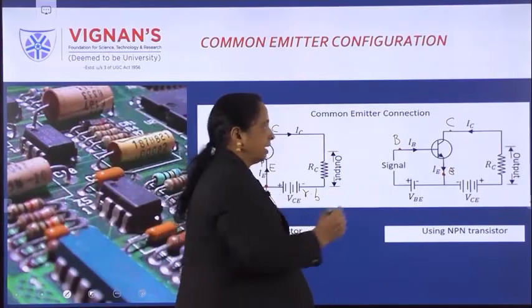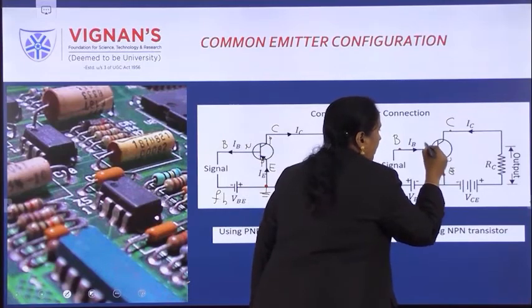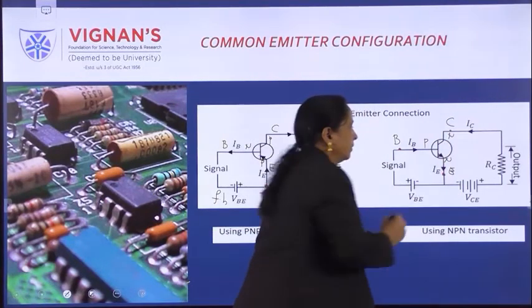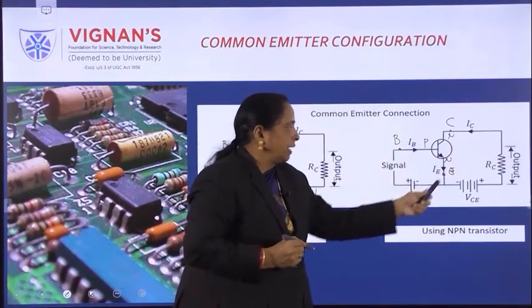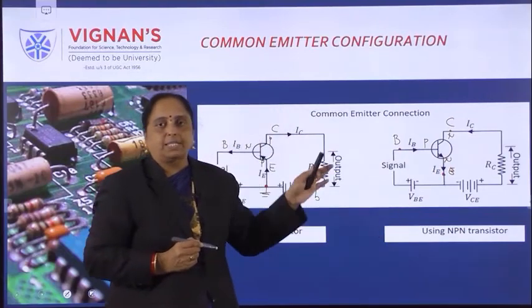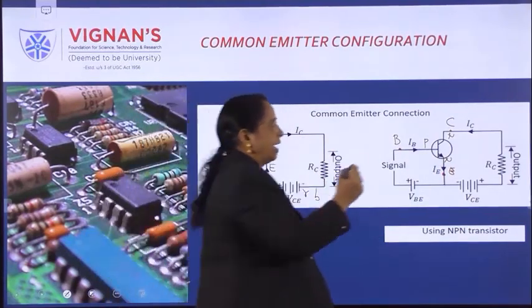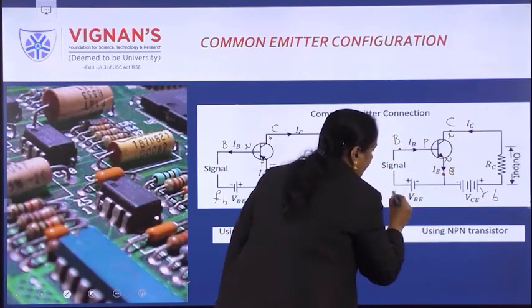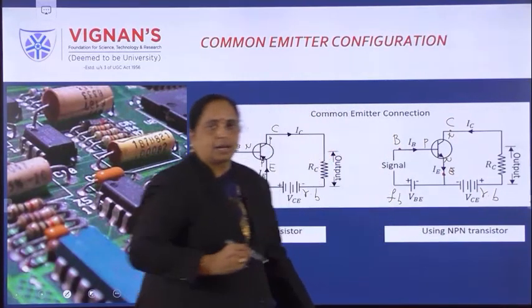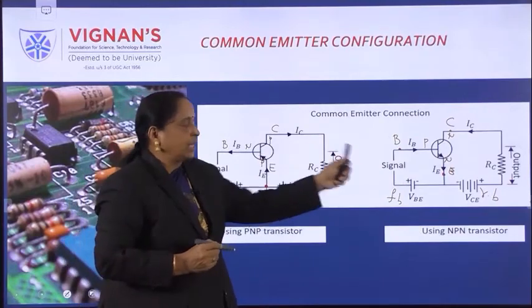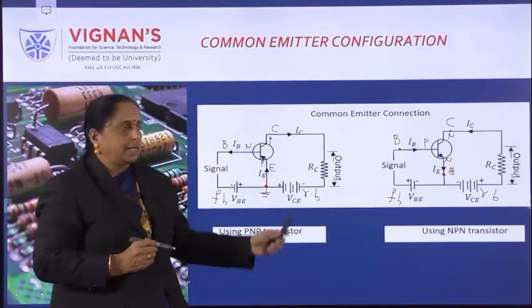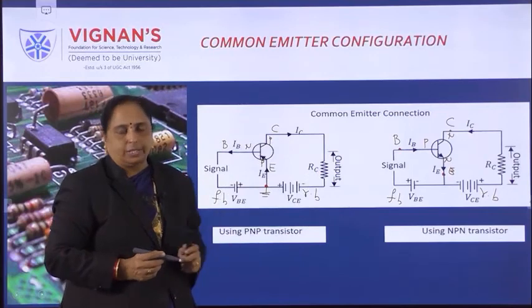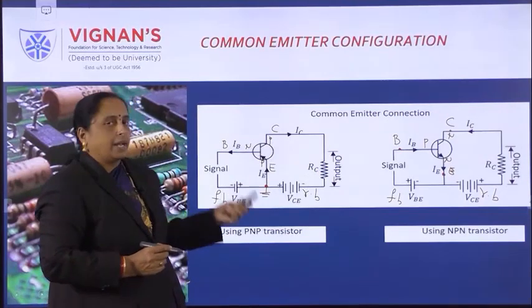Similarly, in this also, this is an NPN transistor. So again, between P and N, forward bias, that is between base and emitter, forward bias, and towards the collector, reverse bias. So this is under reverse bias condition, this is under forward bias condition. Both transistors, both PNP and NPN, are connected under active region. Now, the characteristics.